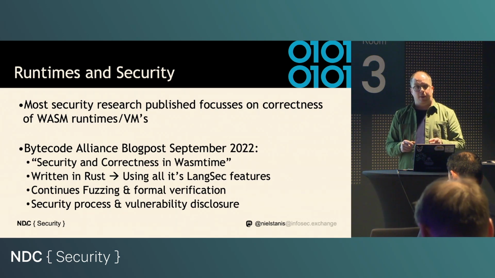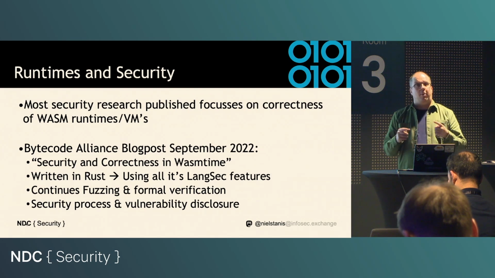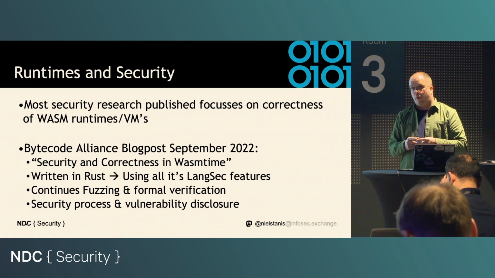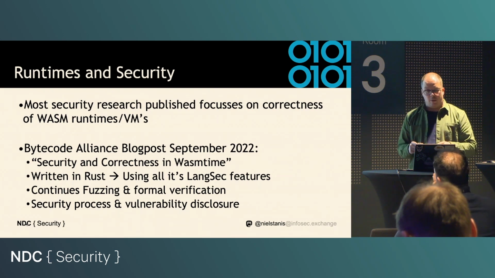If you look at WebAssembly and Wasmtime, they have a really cool blog post on the Bytecode Alliance, published in September 2022, where they explain how they approach security within Wasmtime. It's written in Rust, so it uses control flow integrity as well, because parts of the WebAssembly compiler stack also have it. It's based on Cranelift, which is a backend compiler.